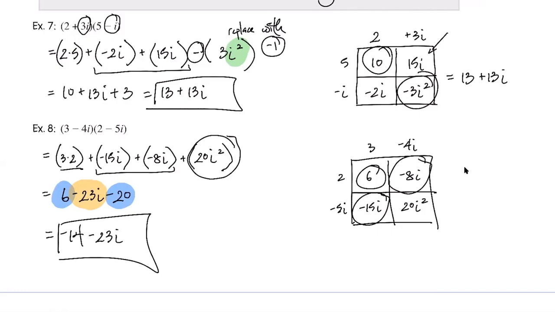So I don't think that the multiplication or the subtraction problems are really that difficult. I think it does require us to remember, though, everywhere we see that i squared, we need to replace it with the negative 1. Okay. And it requires us to be accurate about our signs and making sure that we're adding and subtracting correctly. Okay. All right. Any questions on the multiplication?